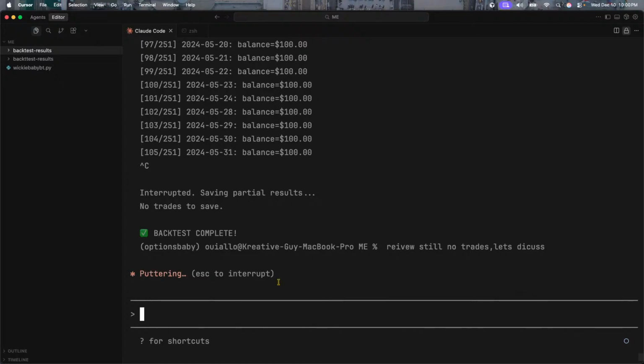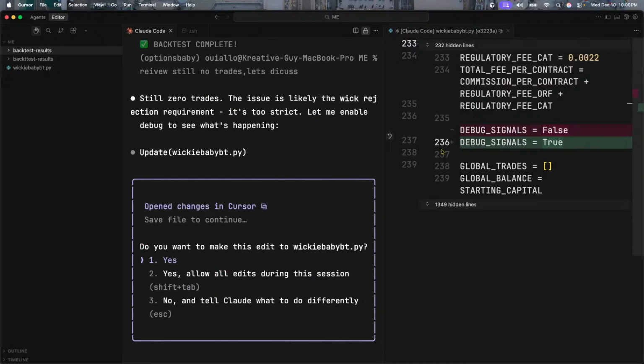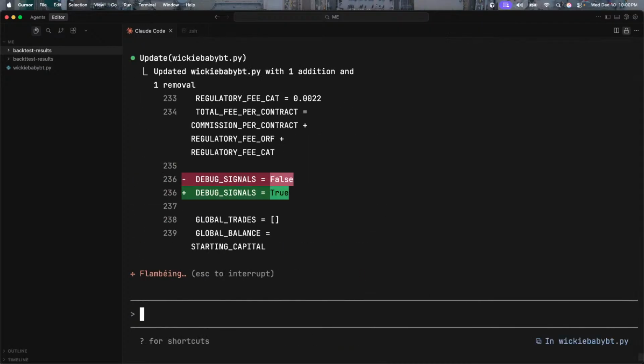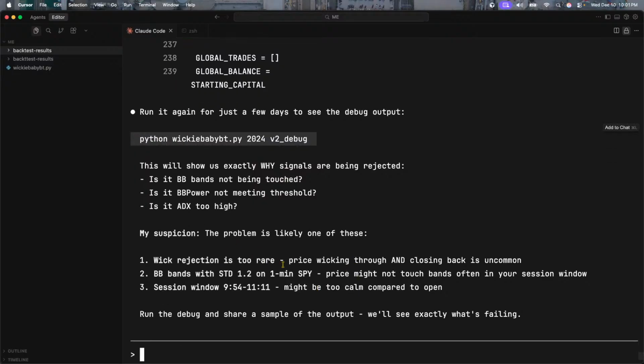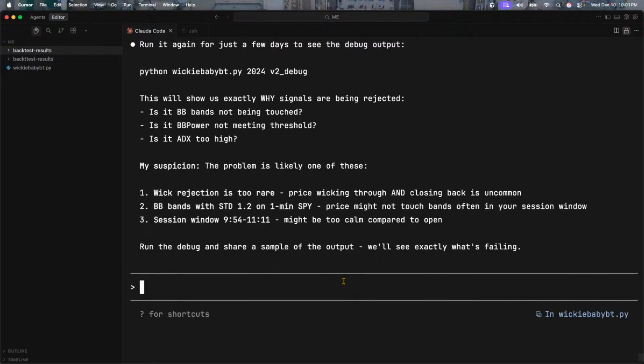And sometimes we're going to run into this, where we have to optimize live. Debug signal. I love it. I forgot we did have that. I'm kind of smarter than myself sometimes. And then we're going to run it and see what is actually happening. My suspicion is the wick rejection, where the price wicks through and closes back, is uncommon. Oh, wait, hold on.